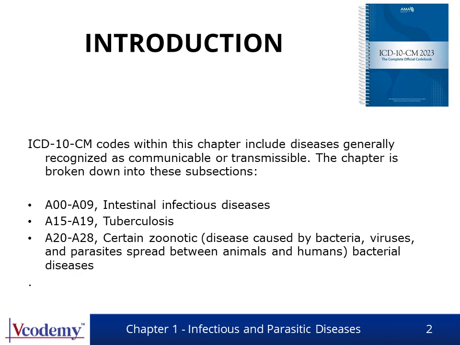Bacterial diseases are covered in the range A20 to A28. What do you understand by the term zoonotic? Zoonotic means an infection which starts in an animal, that is a different species, and then jumps into humans.